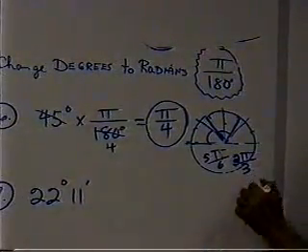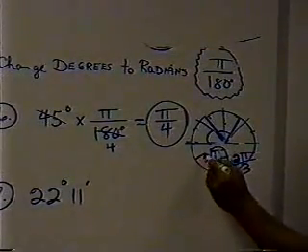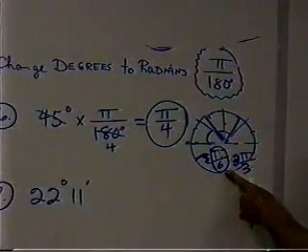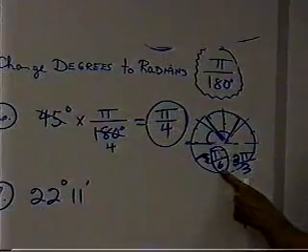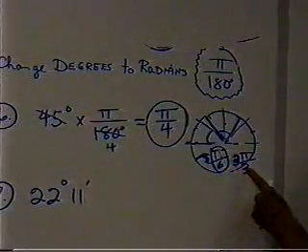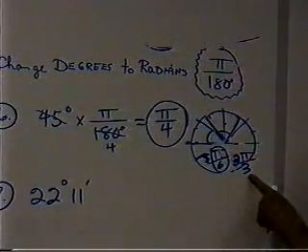Okay. So if I want multiples of 30, like 210, would be 7 pi over 6. You remember that in the notes? We got through working that a while ago. We changed 7 pi over 6, and it worked out to be 210 degrees. If we want multiples of 60, like 240 or 300, that type of thing, then we can use pi over 3.